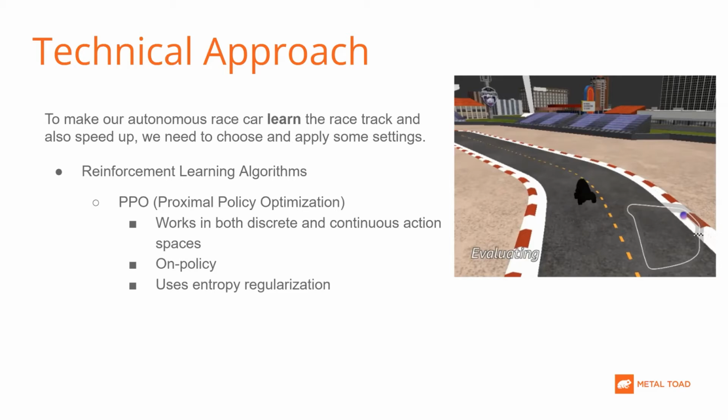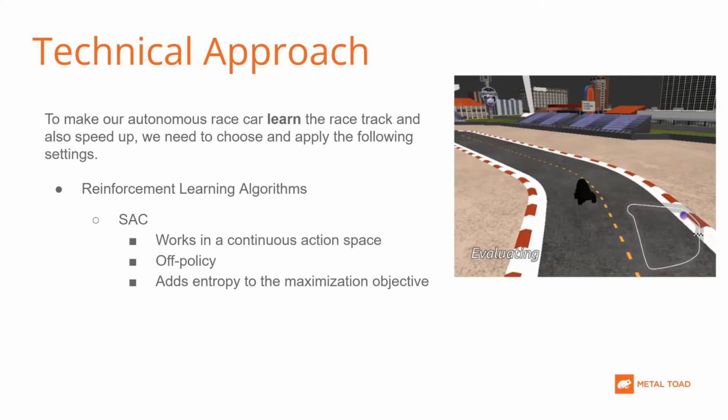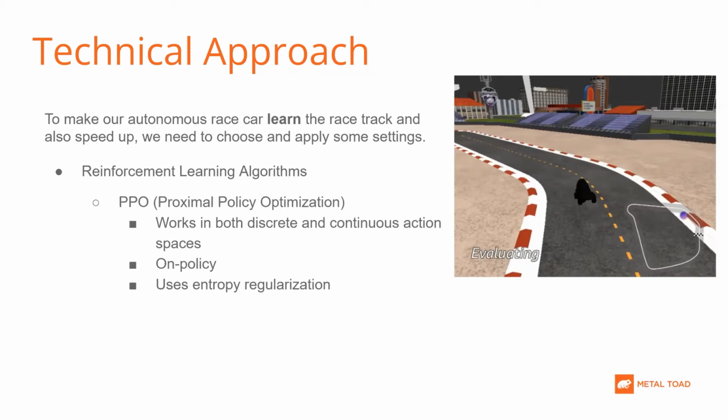It's data hungry, and it tends to be more stable during the training process. Click. Oh, sorry, go back, please. And there is the entropy regularization. It has less complexity than the next one. So click.